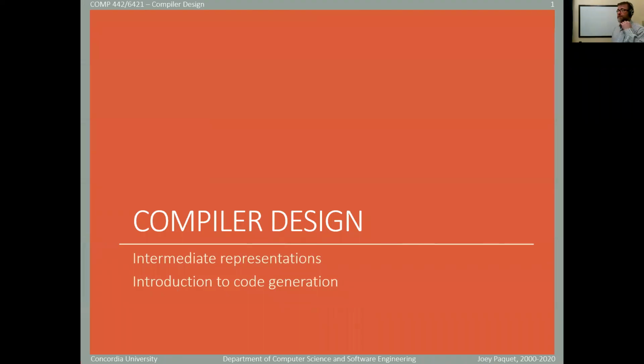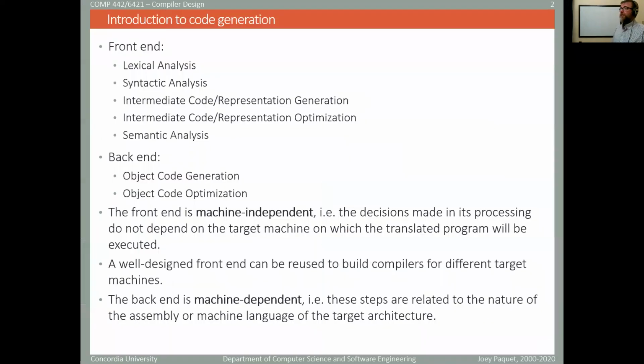Okay. So here we go. For code generation, as I mentioned earlier, I thought it's a good thing to recapitulate the situation. You have the front end and the back end, generally speaking, in a compiler. The front end is composed of lexical analysis, syntax analysis, and then you may have some intermediate code or representation that is being generated by the compiler and driven by the parser, which is followed by semantic analysis.